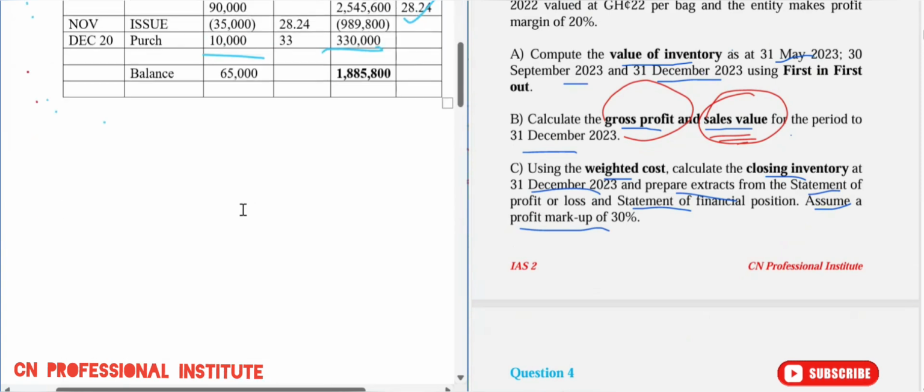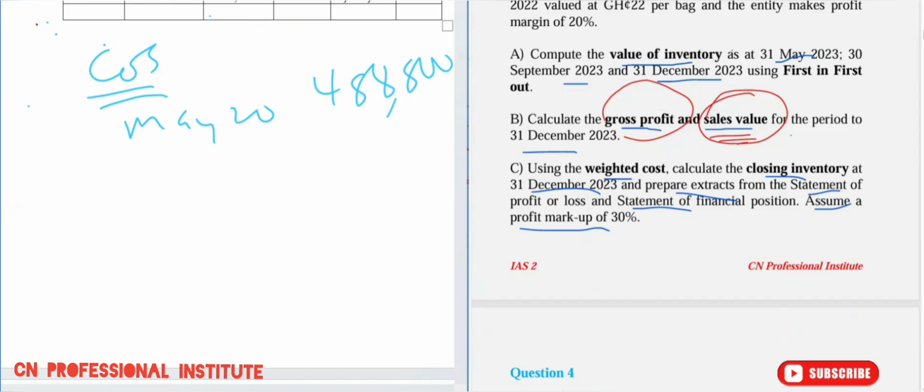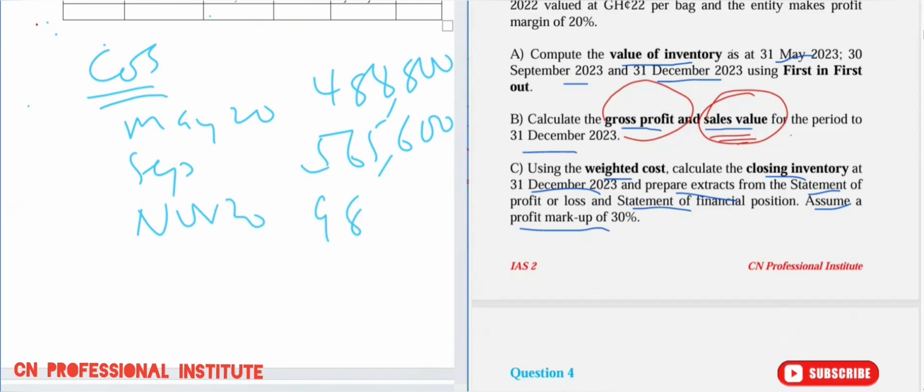So my cost of sales, I'll just sum. May 20, I have 800, and then September 20, I have 565,600, and then November 20, I have 989,800.